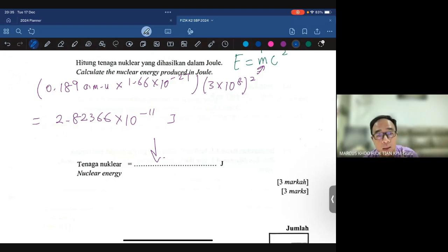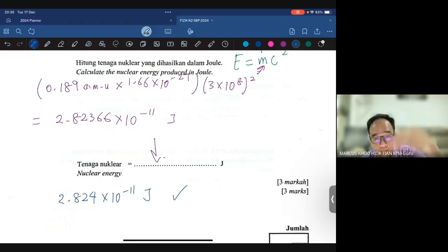I think for me, a safe answer will be 3 decimal places: 2.824 times 10 to the power negative 11. I would probably accept this 3 decimal place. 2 decimal place, a little bit, I wouldn't recommend it lah. Kalau jawapannya panjang betul, minimum 3 decimal place. I think I mentioned this in the previous class.